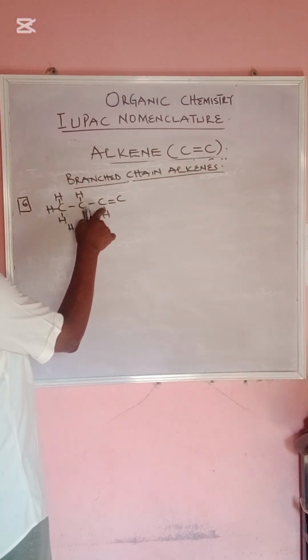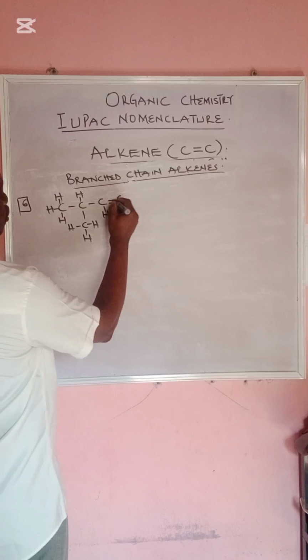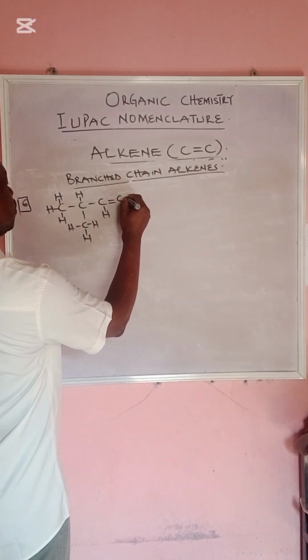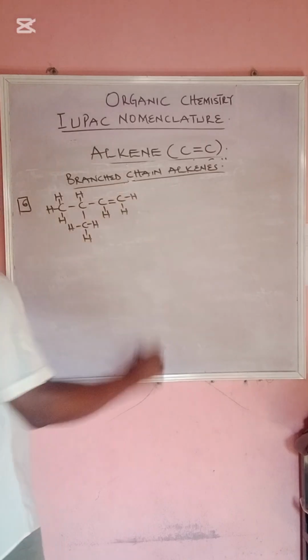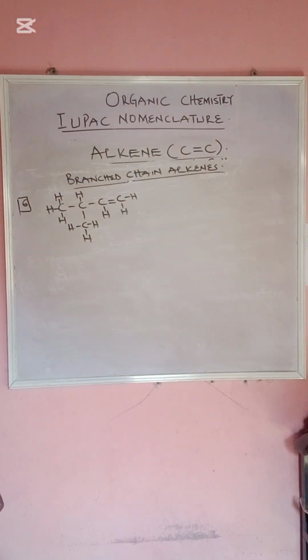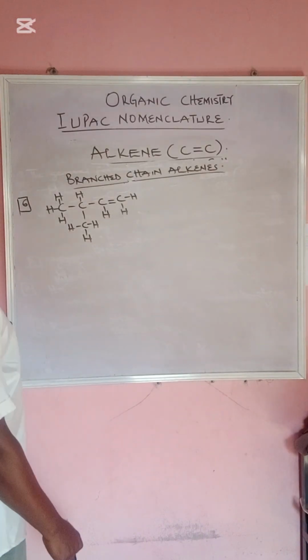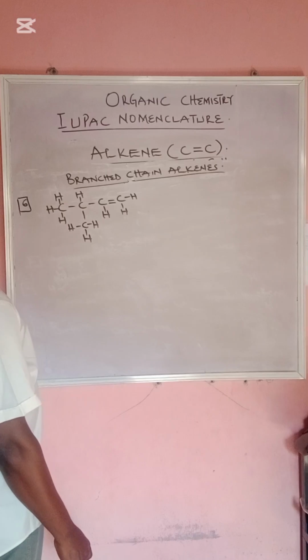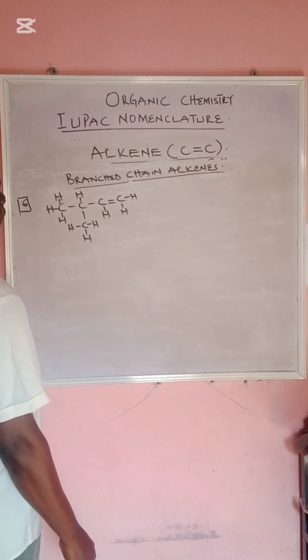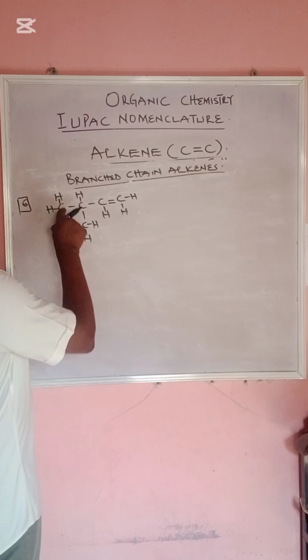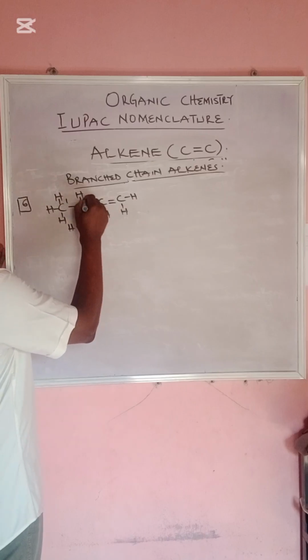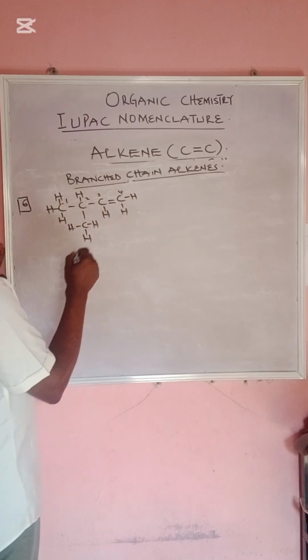You see the double bond, 1, 2, 3, 4. You can't put hydrogen up. Let's take note of that. So in this case, you have to name it. The longest chain, you are counting from left to right: 1, 2, 3, 4.